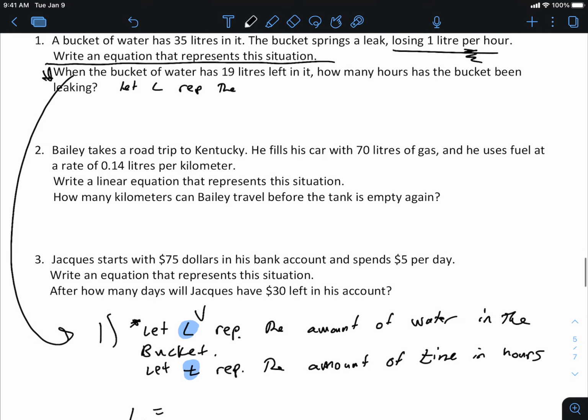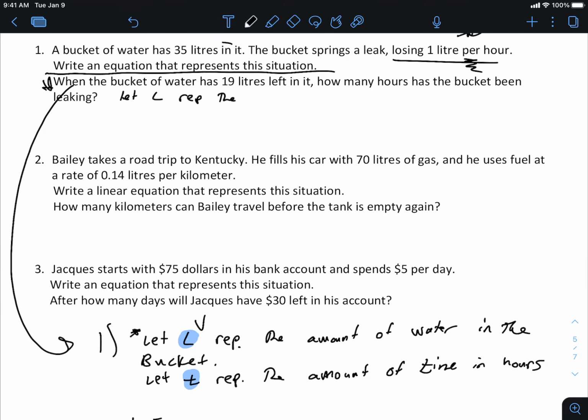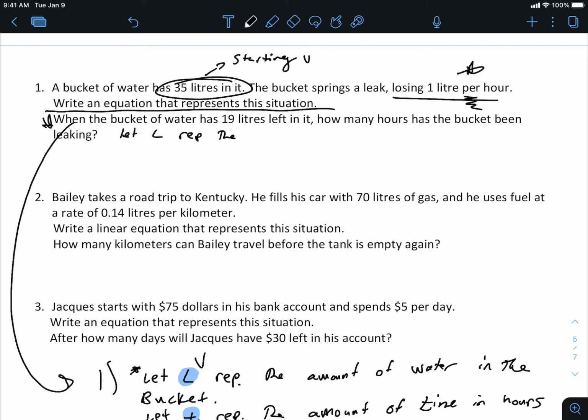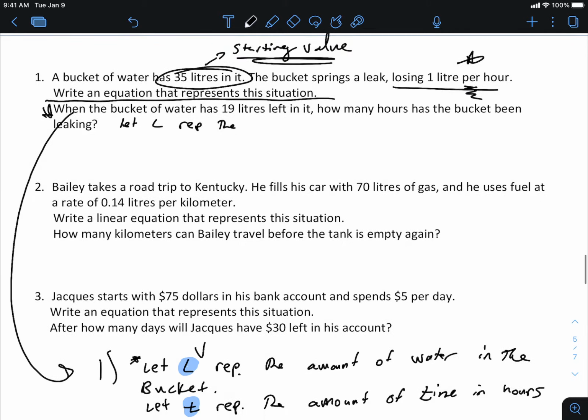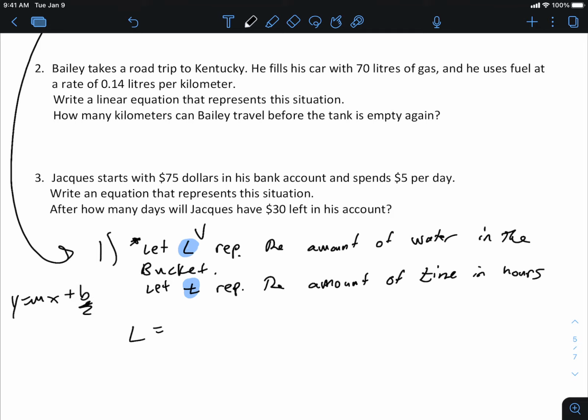Now, it tells us how much water was in it at the very beginning. This sounds like a starting value. Well, if I write out y equals mx plus b, we know the starting value is here on the end.